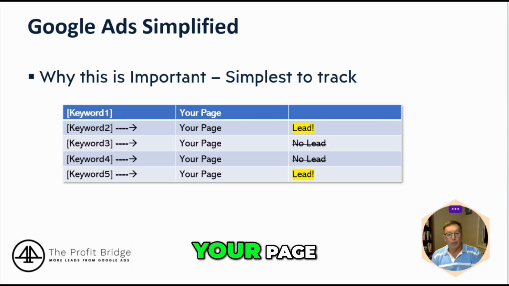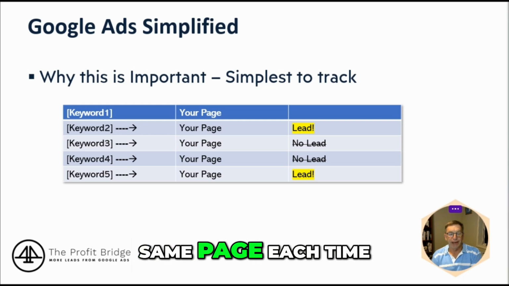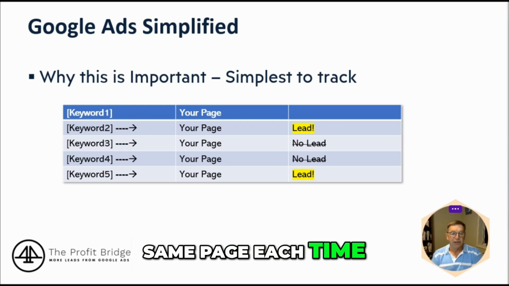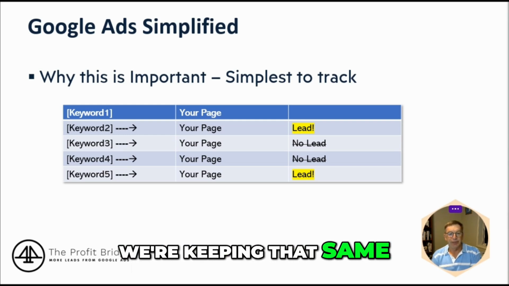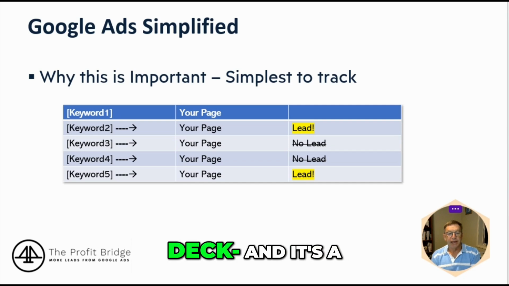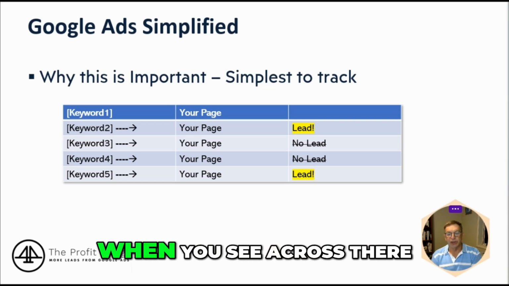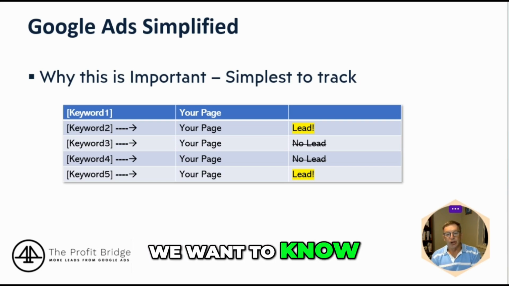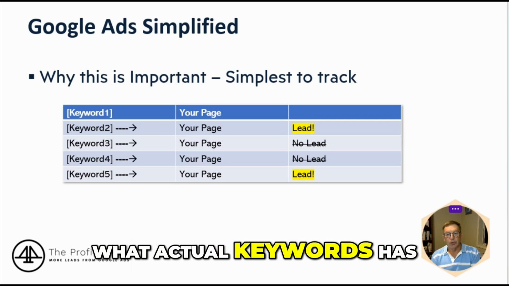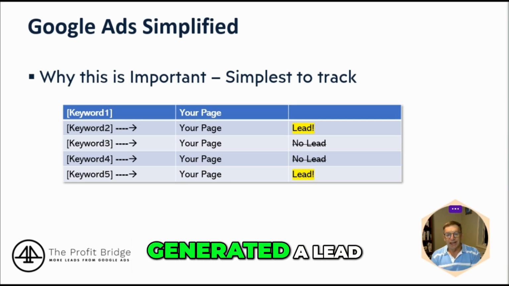And then we've got your page. So we're using the same page each time. We're going to the same page and we're keeping that same theme about building a deck, and it's a builder's page. But the key is in the third section when you see across there. We want to know what actual keyword has generated a lead.